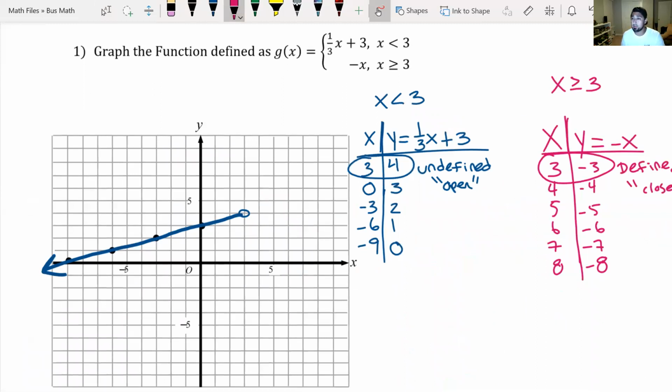So first up is 3, -3. Which is right there. And then we'll go 4, -4, 5, -5, 6, -6, 7, 8, 9, 10. And our graph looks like this.